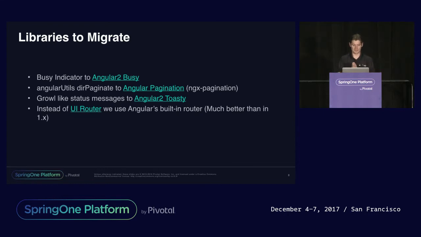We had the busy indicator that goes over to Angular 2 busy. We had pagination support, growl-like status messages, as well as the router. In Angular 1, we didn't use the built-in router, but we had a few more complex routing requirements, so we used UI router, which is a really good routing library in Angular 1.x.